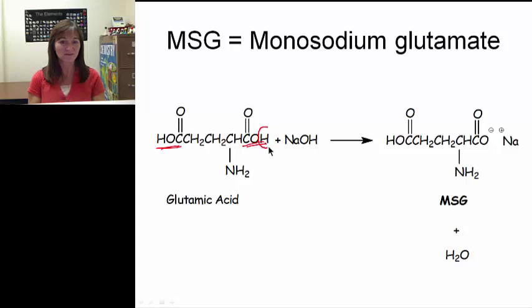So the carboxylic acid group will donate its hydrogen ion. The base will donate its hydroxide ion. Those will come together to make water. And then the sodium ion will counterbalance this anion from the glutamic acid. And that's what we call MSG.